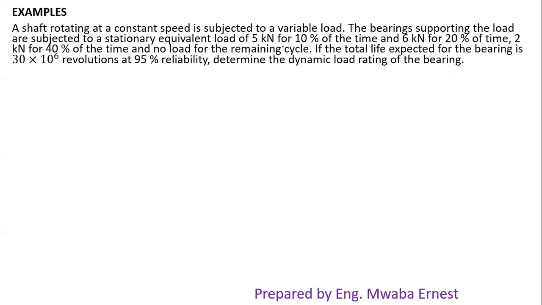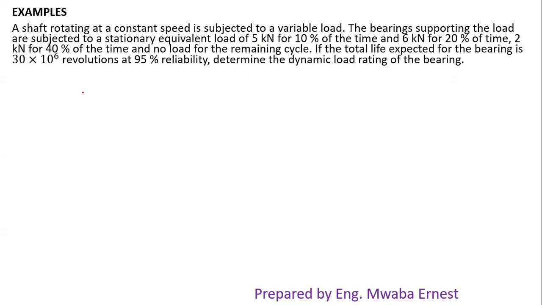First things first, I want us to look at the percentages. There is 10% of the time at 5 kilonewtons. Then 20% of the time at 6 kilonewtons. If you add 10 and 20, you get 30%. Then 2 kilonewtons at 40%. 30 plus 40 is 70.